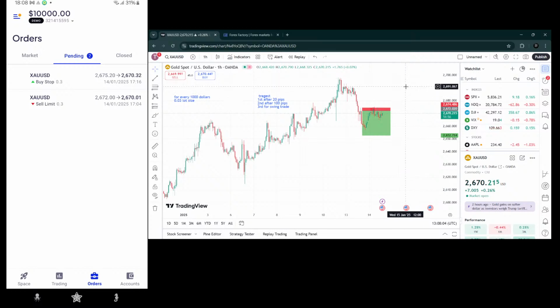But even then, we have a chance that the market comes back up, hits 70 and then goes up. After 22 minutes, there will be news. The market can make a spike, but we'll see what happens.